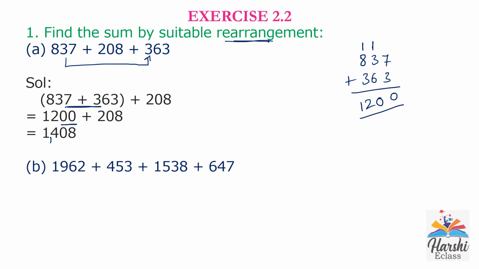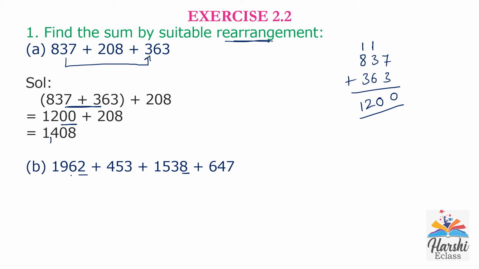Next one, B1. 1962 plus 453 plus 1538 plus 647. When any number is ending with 0, it is easy to add another number to that. So we will arrange these numbers in an order which gives the sum ending with 0. 2 plus 8.